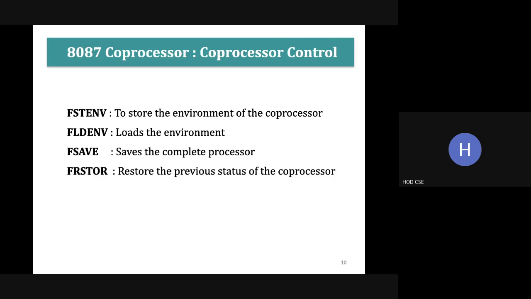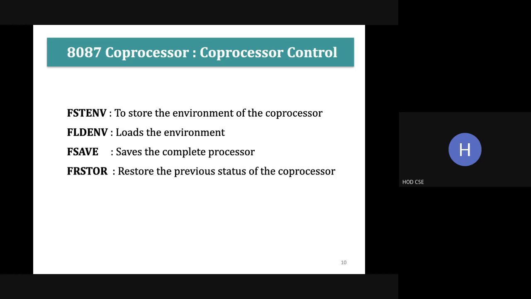Suppose you want to store all the content into memory locations, just a single instruction will do it instead of transferring every data to the memory. Okay. So like this, suppose you store the data into the memory location and we want the data again for some other process, we can load that back into this environment. Okay.